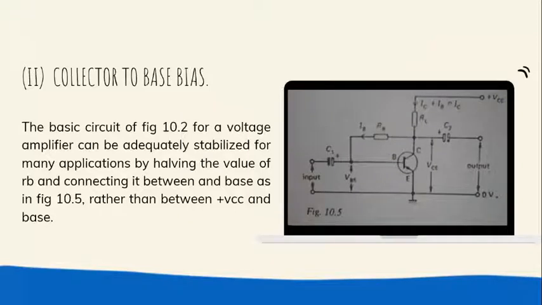The basic circuit of Fig 10.2 for a voltage amplifier can be adequately stabilized for many applications by halving the value of RB and connecting it between collector and base as in Fig 10.5 rather than between plus VCC and base. Next.